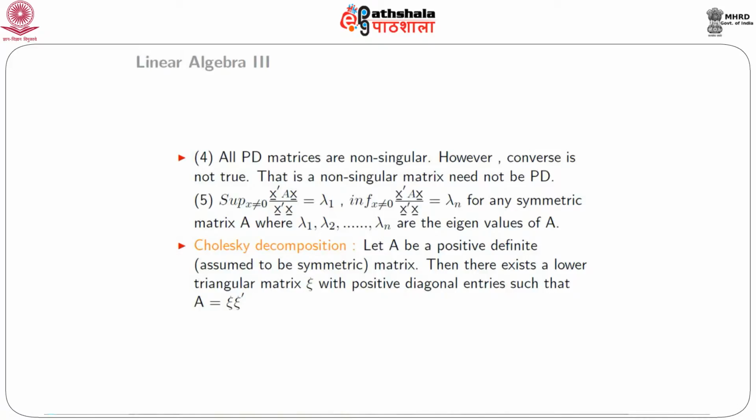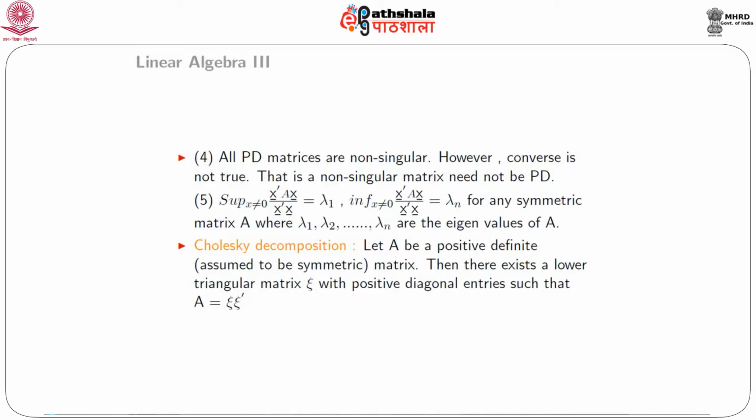The supremum of x transpose A x divided by x transpose x, where the supremum is taken over all non-zero vectors x, equals lambda n, and similarly the infimum taken over the same set equals lambda 1 for any symmetric matrix A, where lambda 1 is the smallest eigenvalue and lambda n is the largest eigenvalue of A. Here we are working with a real symmetric matrix A. So, lambda 1 to lambda n are all real numbers and hence may be ordered.